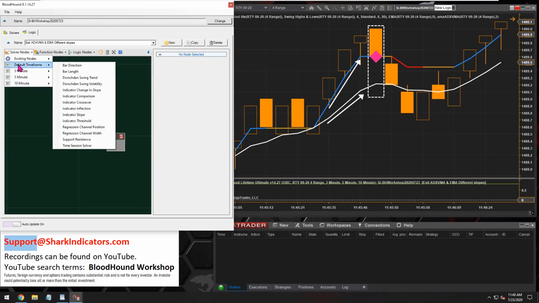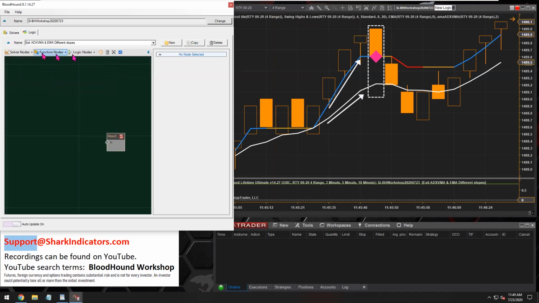So we're going to go to the default time frame. That way we're looking at the slopes of those moving averages on our 4-range chart. The 4-range chart that BloodHound is running on is always the default time frame, whatever the chart is. So default time frame, let's grab slope solver.